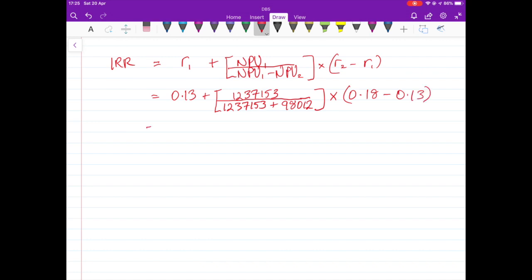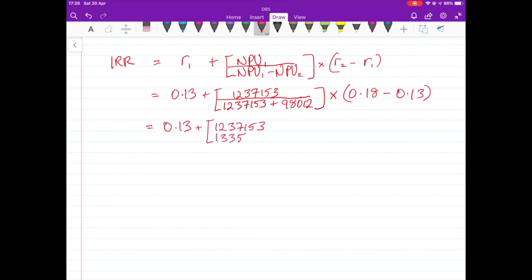We then are going to subtract the 13% or 0.13 from the 18% or 0.18. And so we're also going to solve inside the brackets as well. And so it's now going to be 1,237,153 divided by 1,335,165. And that's multiplied by 0.05.